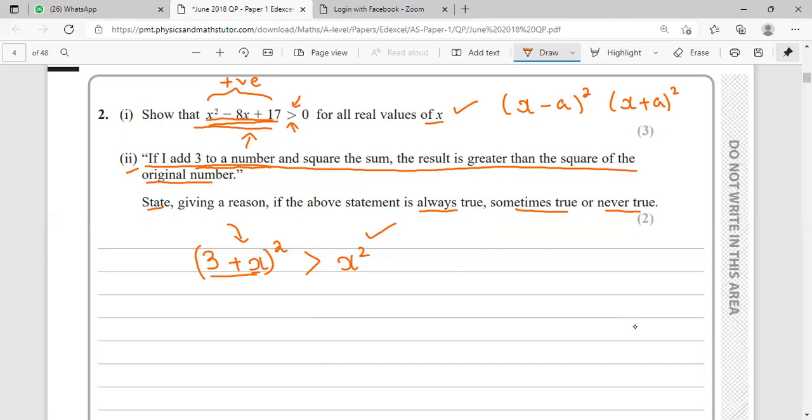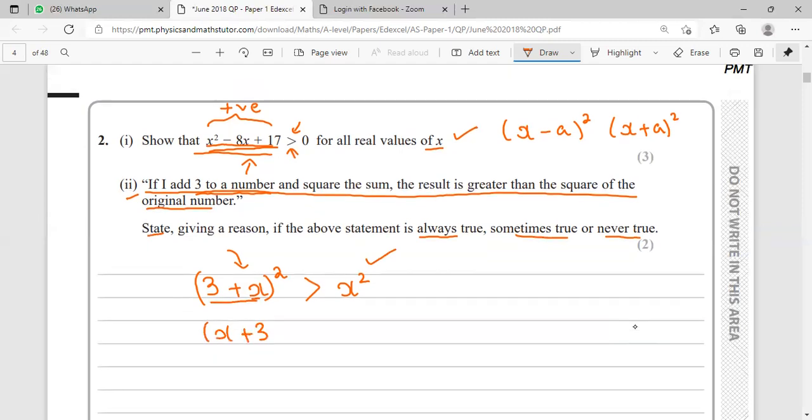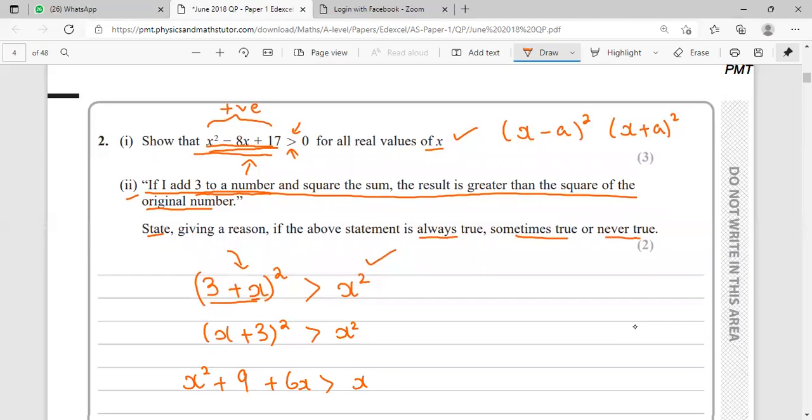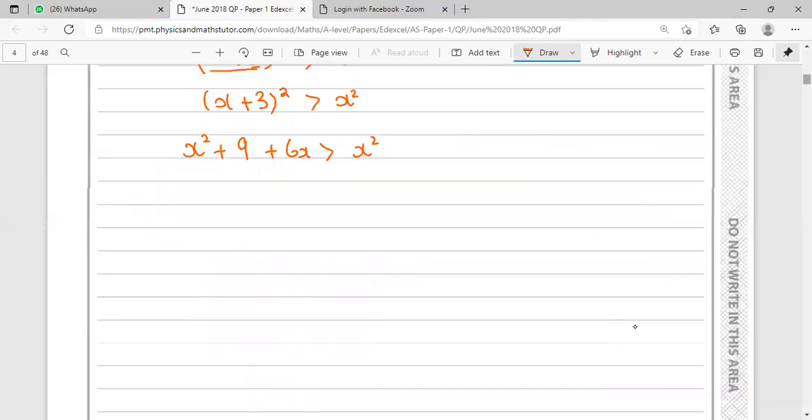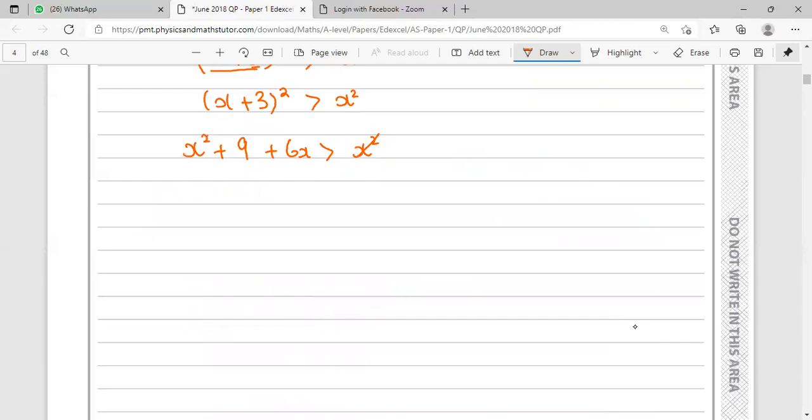We have 3 plus x square. I can write it this way as well: x plus 3 whole square greater than x square. So this would be x square plus 9 plus 6x greater than x square. Now I have x square on both sides, so I can cancel these two.